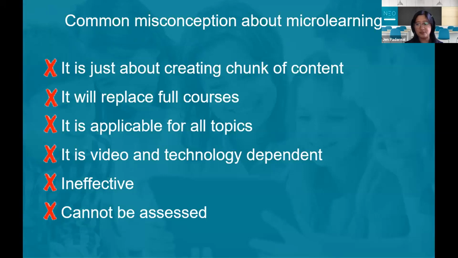For complex subject areas, micro learning can be used to reinforce or complement the learning being provided in a full course for the learner, especially in complex subject matters, complex topics or complex areas.